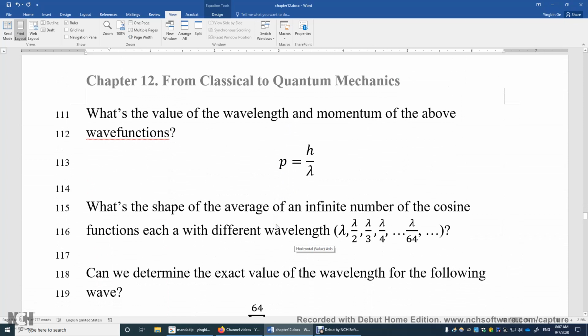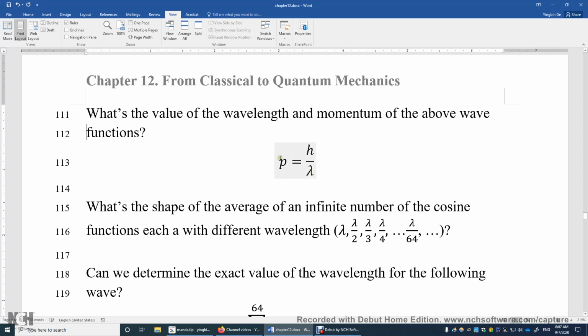So again, how do we calculate the momentum of these wave functions, the combinations of the wave functions? We'll use this equation. For cosine x, lambda is 2 pi. The momentum of cosine x is simply h over 2 pi. That's it. But what if we are looking at a combination of 2 waves? If we have cosine x and cosine 2x, we have 2 different wavelengths, 2 pi and pi.